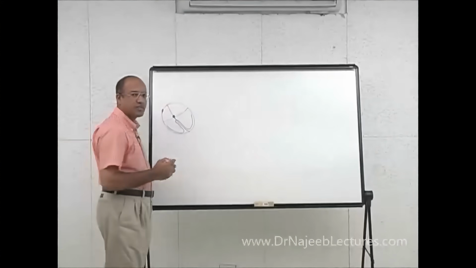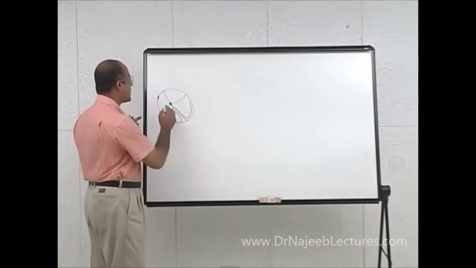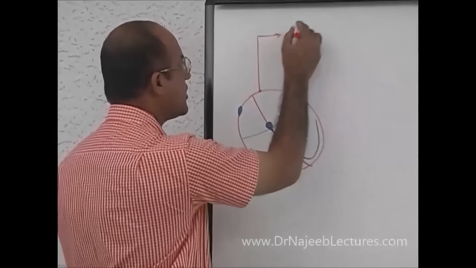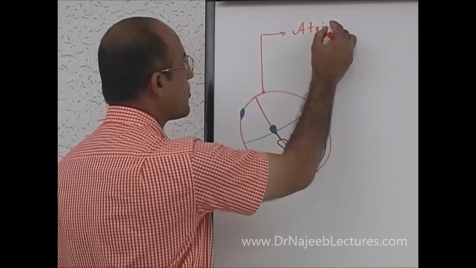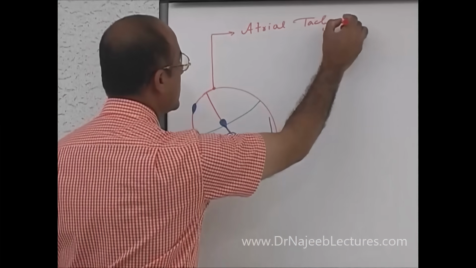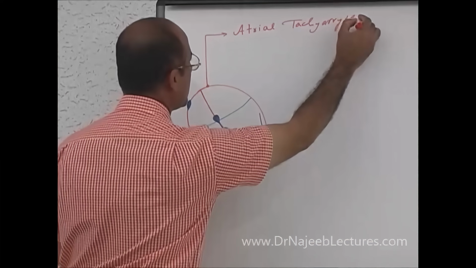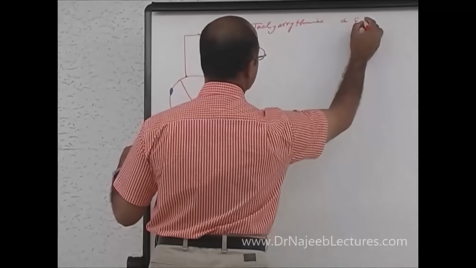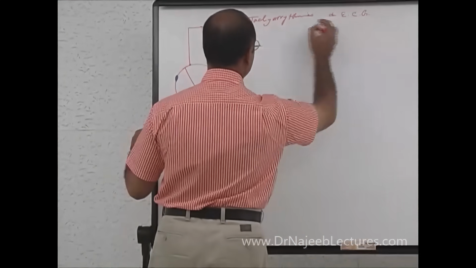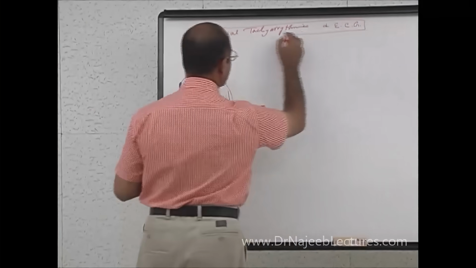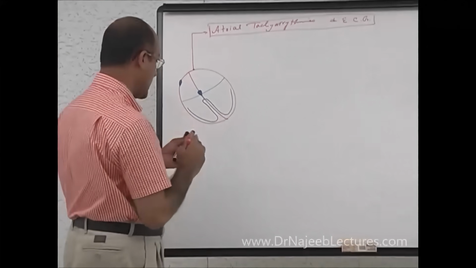Now we will be discussing atrial abnormal rhythms and ECG. Atrial tachyarrhythmias and ECG. Now when we talk about the atrial tachyarrhythmias, basically there are three types.